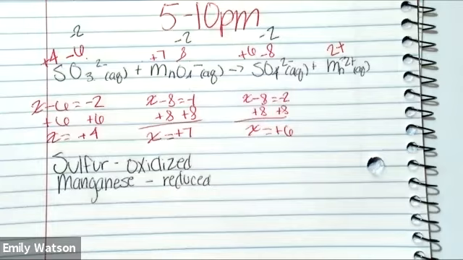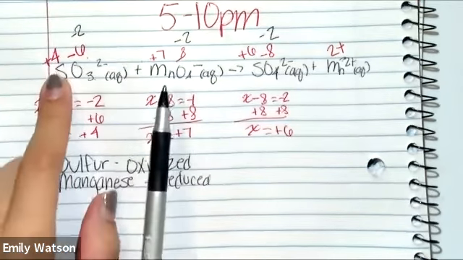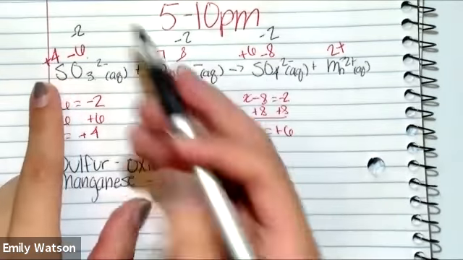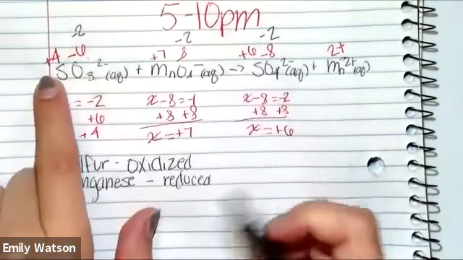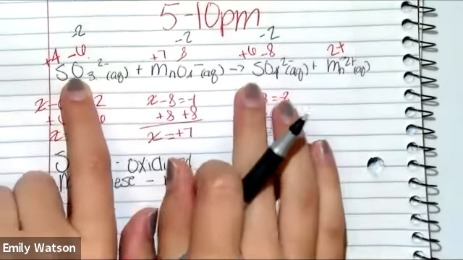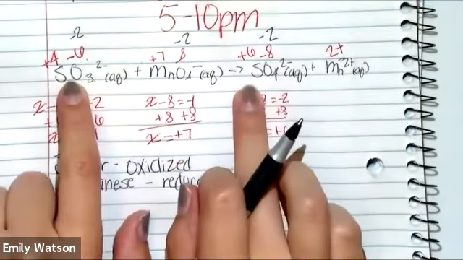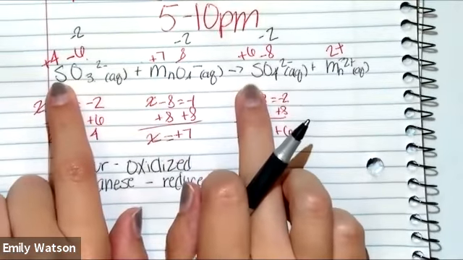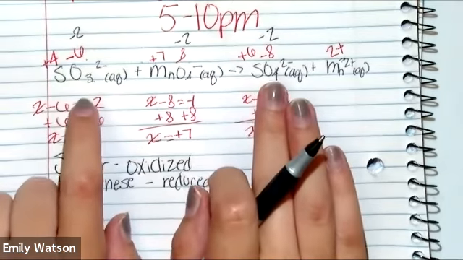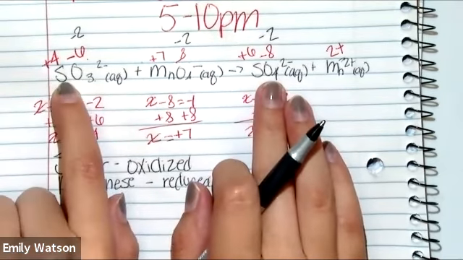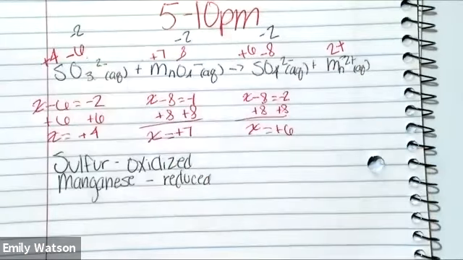But whenever you see something like that, even if it was just the sulfur, I want you to check and make sure there's no subscript right after that element. Because if there is, that means you need to do math to determine what the real oxidation number is. If there's no subscript directly after that element, you're good. No math needed.